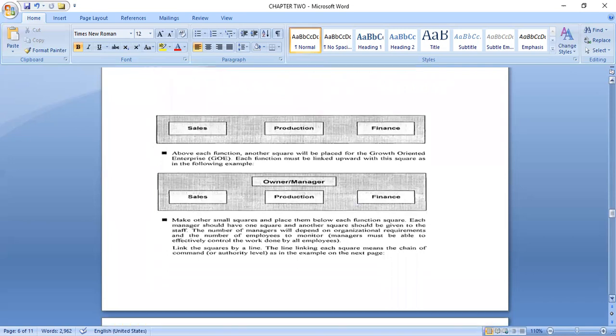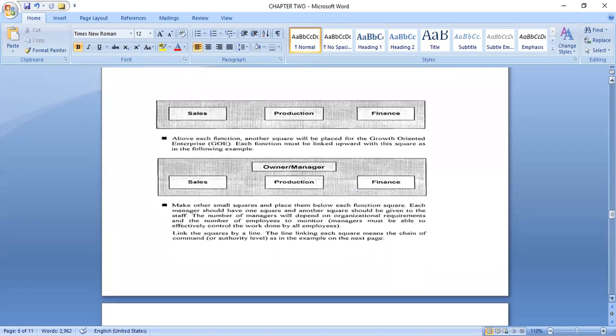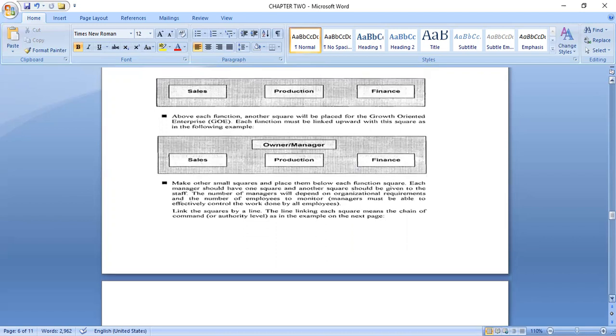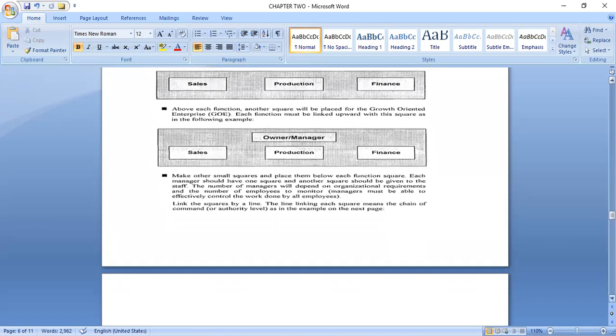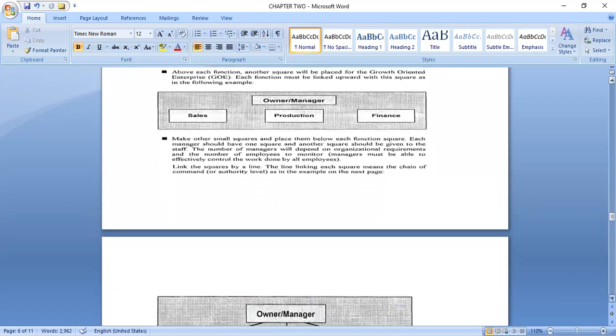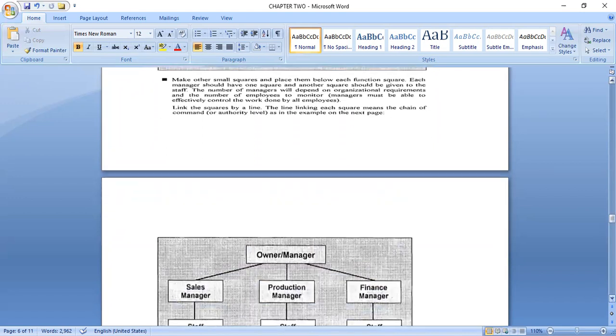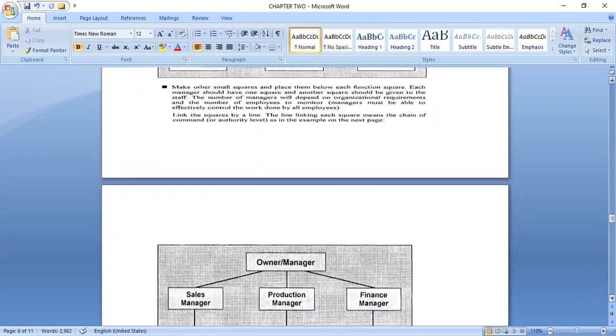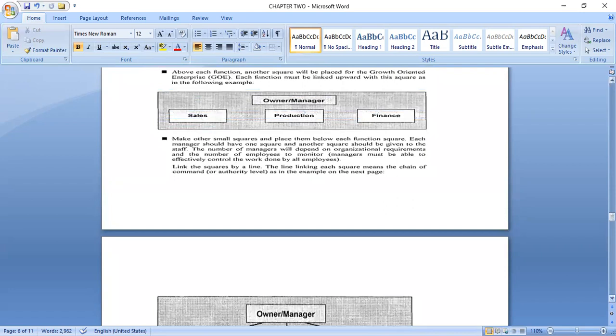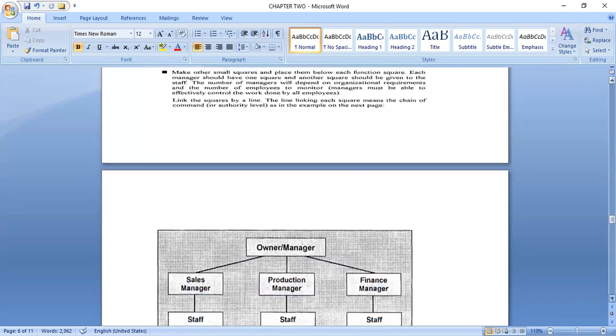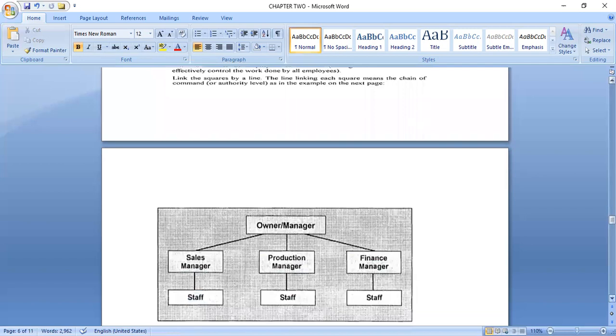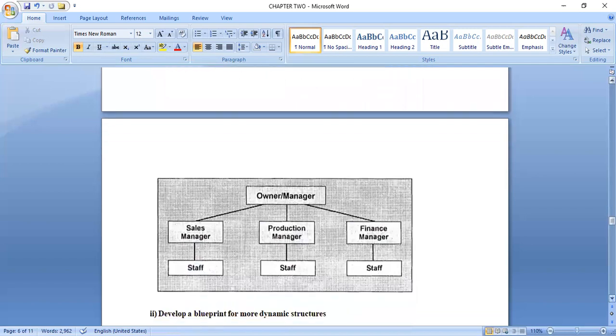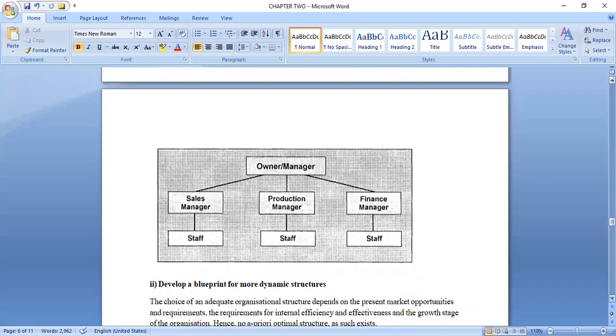Of course, at the end of the day, you must know that above the top of the hierarchy, we have the owner or the manager. And you may find that if it's a complex organization, each department has a manager. For example, a sales manager, a production manager, some of them call them financial controllers, right? So now you will draw these lines that are linking these departments.